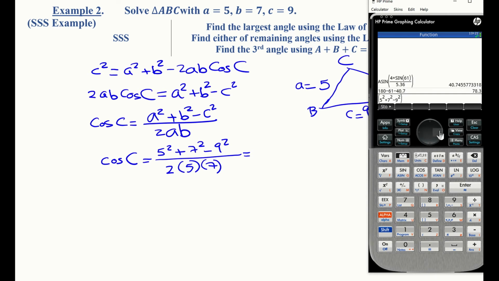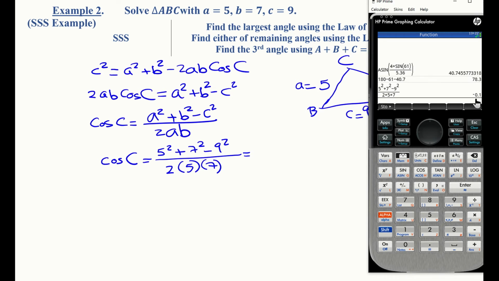Now we can go ahead and exit out of that group of parentheses, and then we're going to divide by 2 times 5 times 7. We'll take 1 second to make sure we typed it in correctly, and then hit enter. And as you notice, we did end up with a negative value.